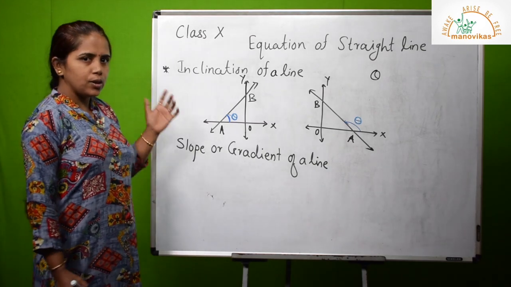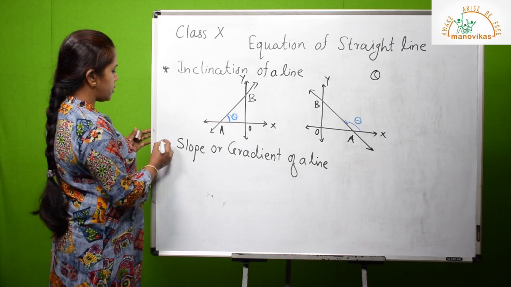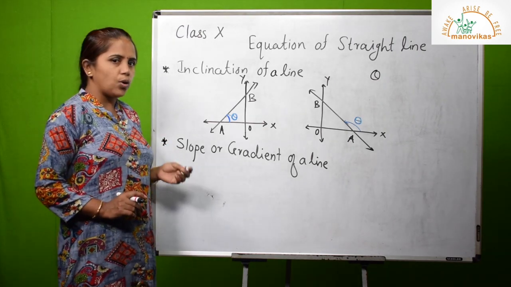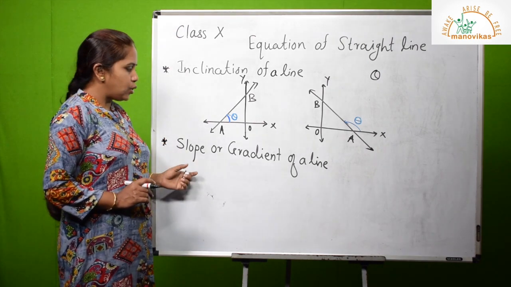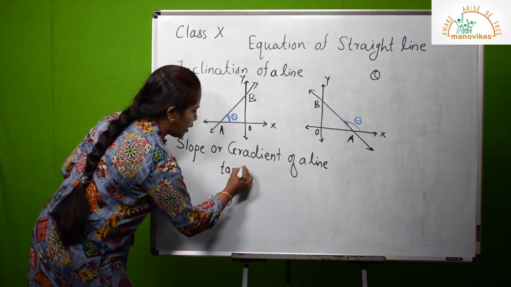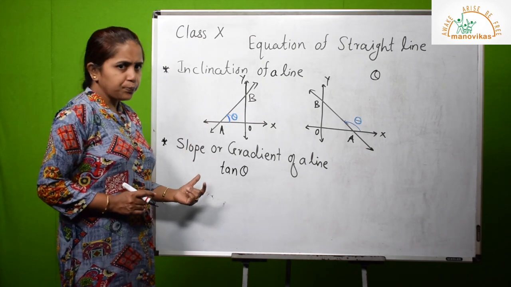Next part, using this inclination we can say the second part, that is slope or gradient of a line. Now what is meant by slope and gradient? Slope is nothing but the tan ratio of the angle of inclination of a line.